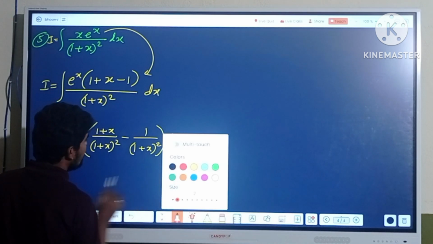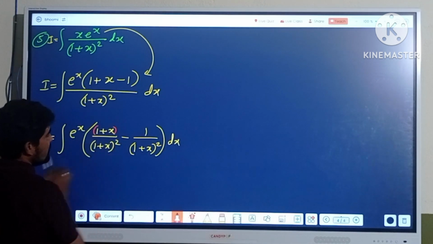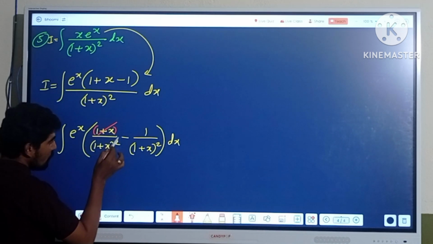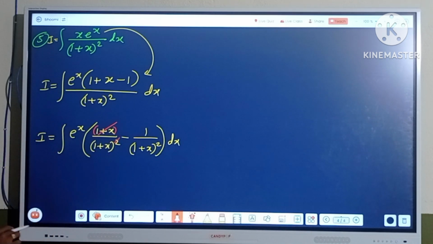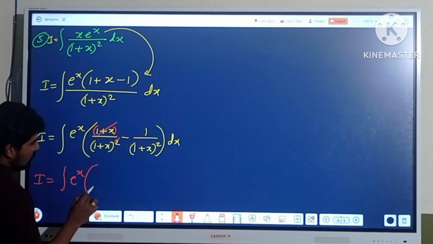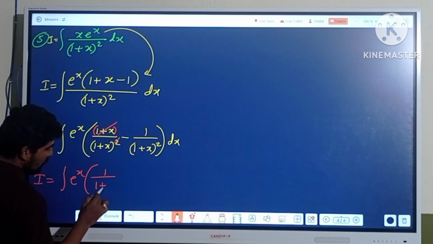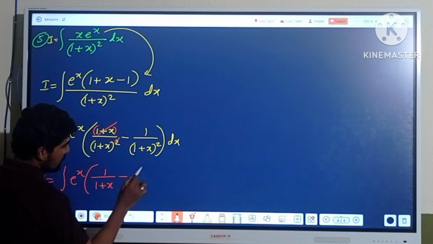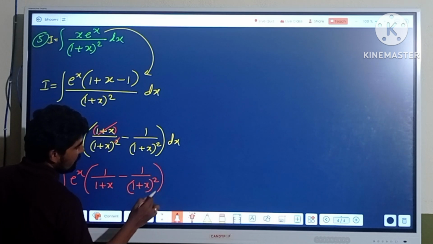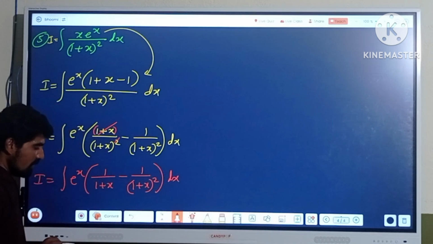Now observe here, in this first function, can I cancel 1 plus x from numerator and 1 plus x from the denominator? Now I is equals to integration of e power x into 1 divided by 1 plus x minus 1 divided by 1 plus x whole square with respect to x.